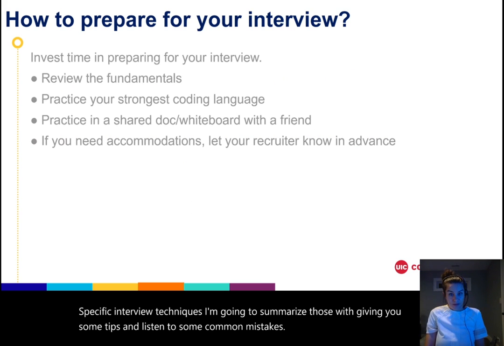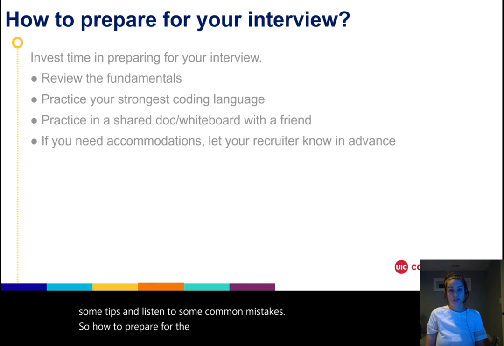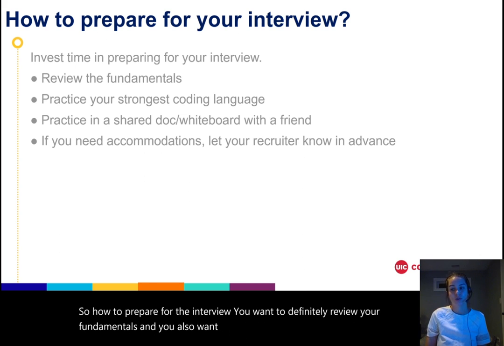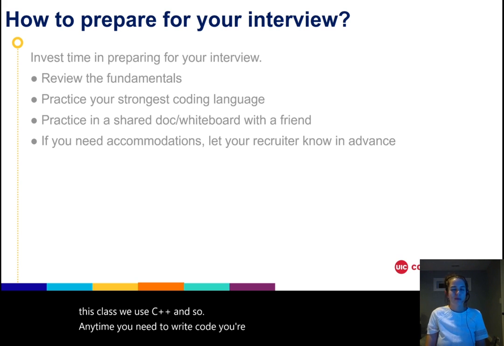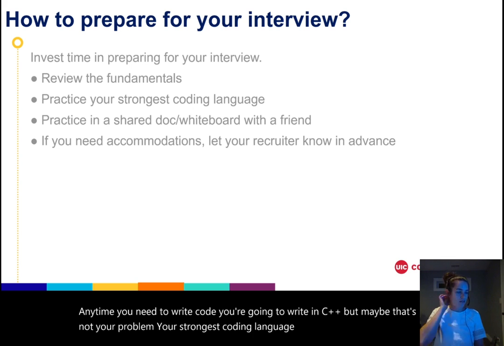So, how to prepare for the interview. You want to definitely review your fundamentals, and you also want to pick your strongest coding language. In this class we use C++, and so anytime you need to write code, you're going to write it in C++. But maybe that's not your strongest coding language, particularly if you go off into your upper division classes.